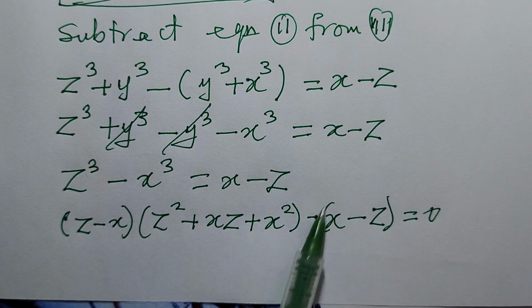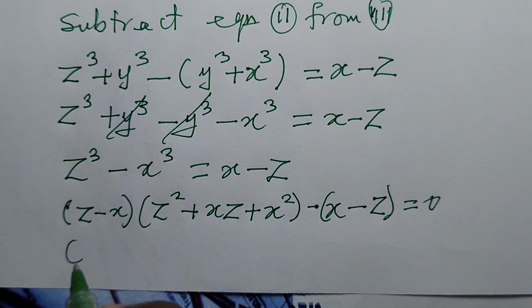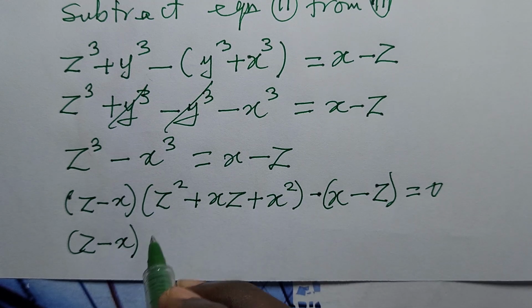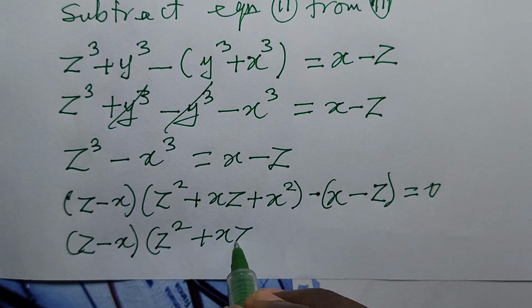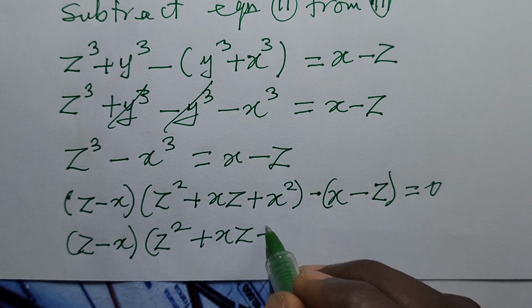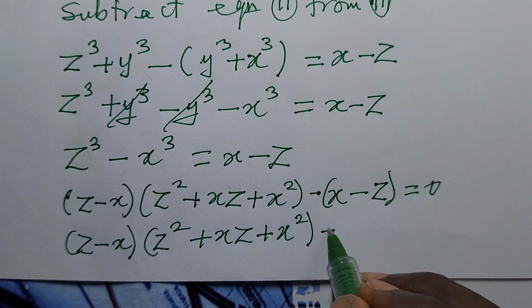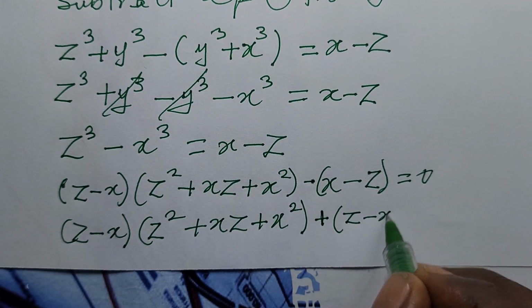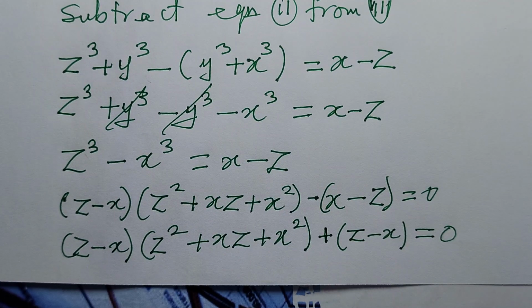Again, we rewrite this to have z minus x times bracket z squared plus xz plus x squared, plus bracket z minus x, everything equal to 0.